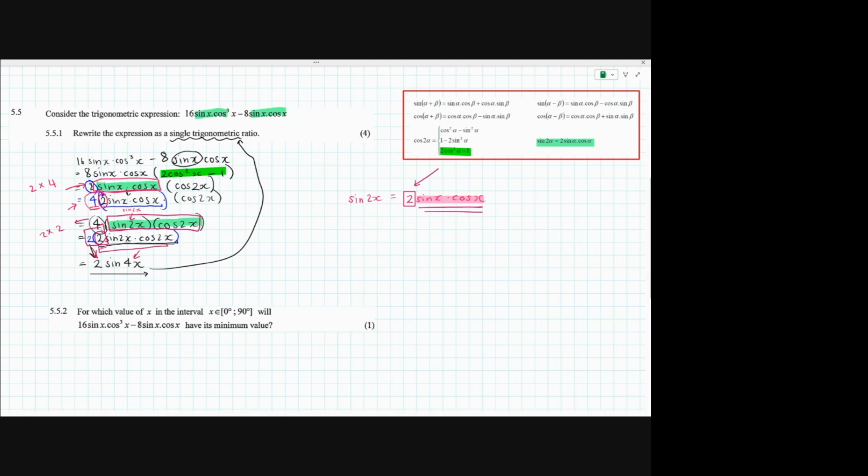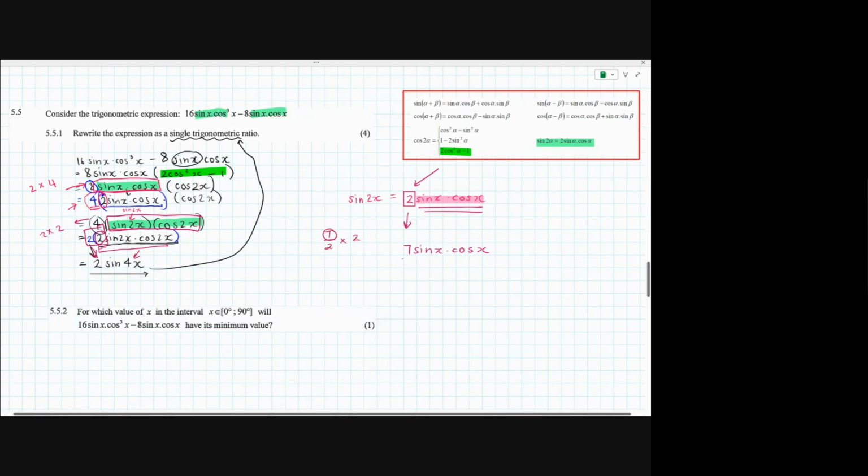Just remember that if you have a coefficient that isn't 2, you can make it 2. So even if you had something really ugly, like 7 sine x cos x, okay? If you have 7 over 2 times 2, that gives you this coefficient of 7.